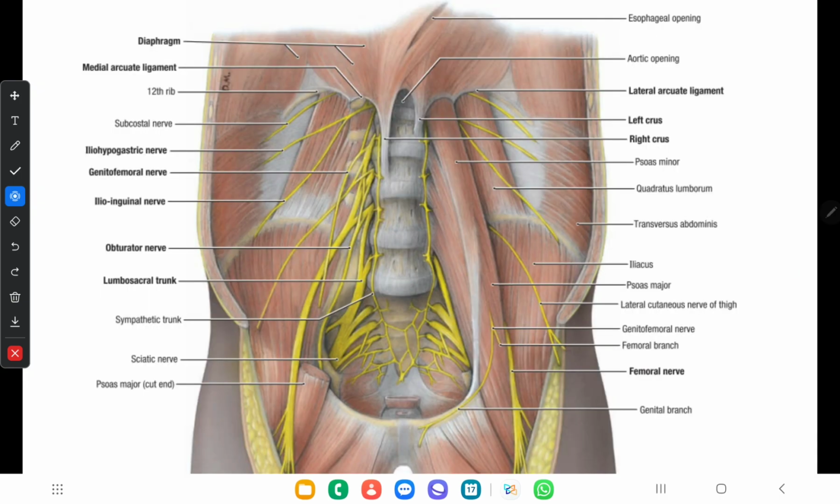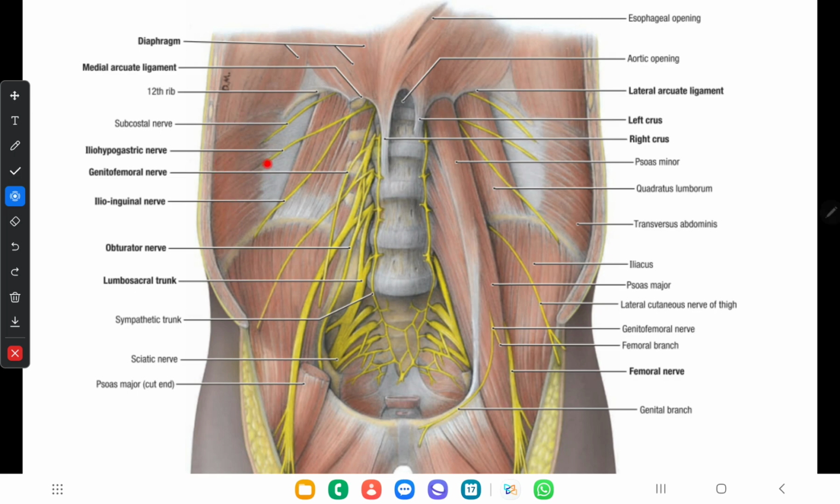Then we will discuss the nerves one by one. Here this is the iliohypogastric nerve and this is the ilioinguinal nerve. These two nerves, iliohypogastric and ilioinguinal, enter the lateral and anterior abdominal walls.